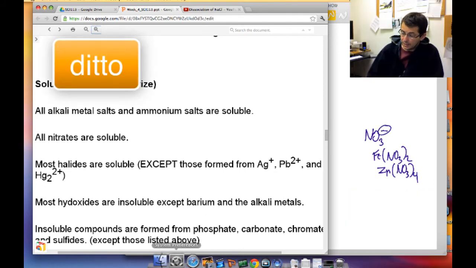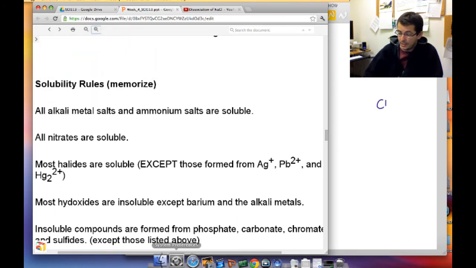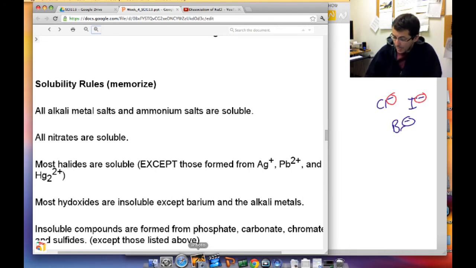All halides are soluble. Things with a chloride, an iodide, a bromide. Again, monovalent. All halides are soluble except a small handful.